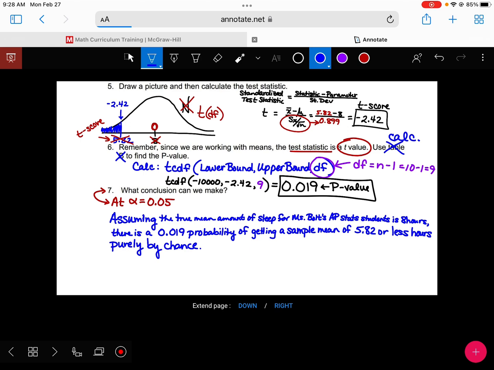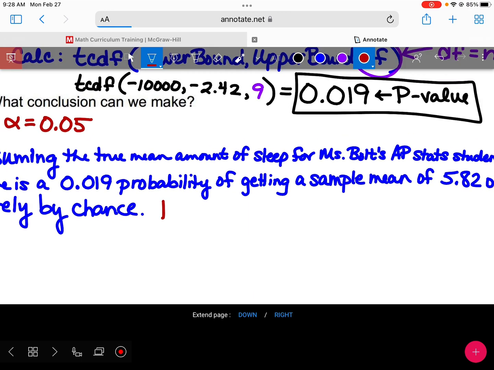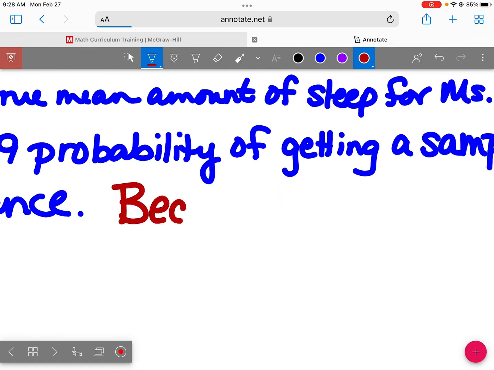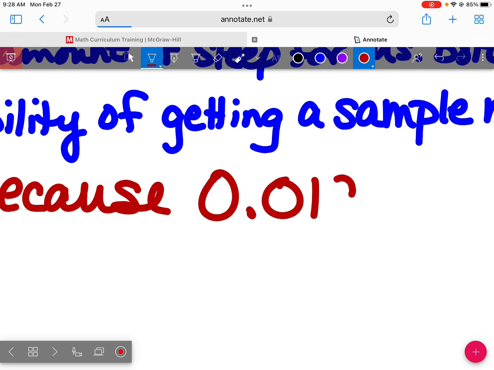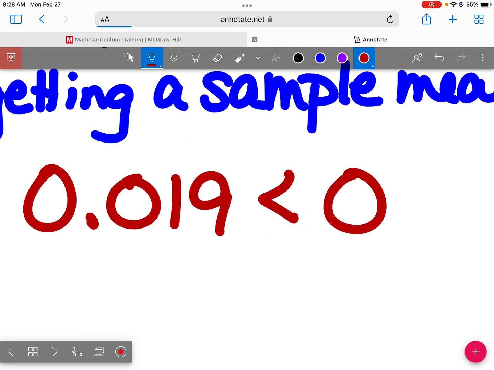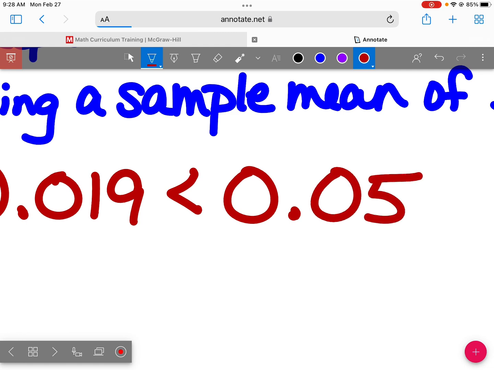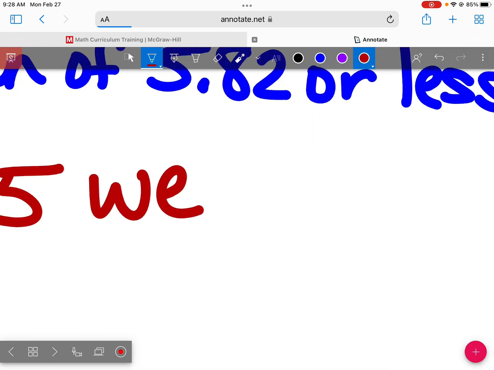So what should we do? Reject the null. Because 0.019 is less than 0.05, we reject the null.